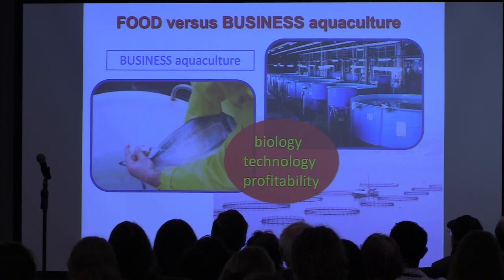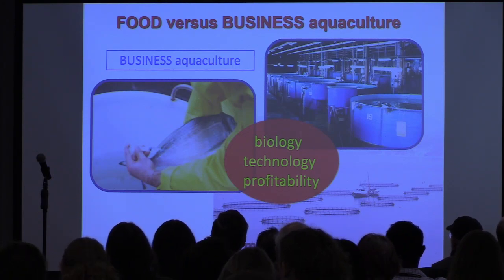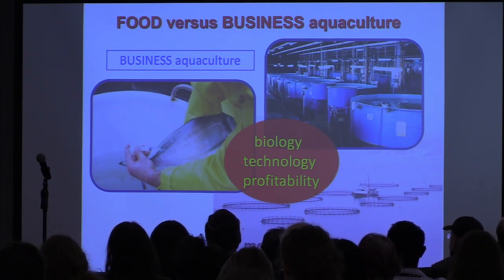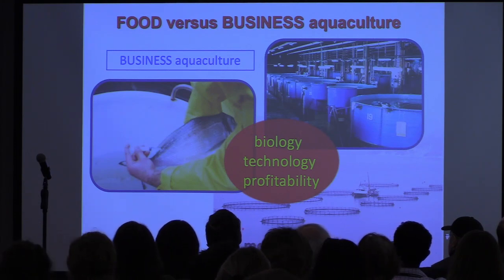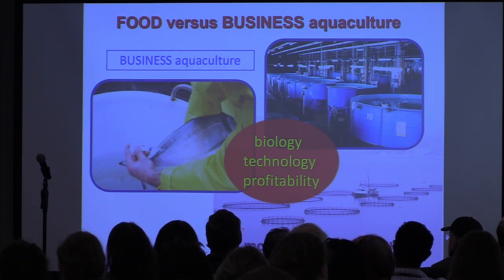Now you might wonder, why did they wait until the 1960s to develop that business aquaculture? Well, it all had to do with limited knowledge of the biology. For example, how to reproduce shrimp or crab.